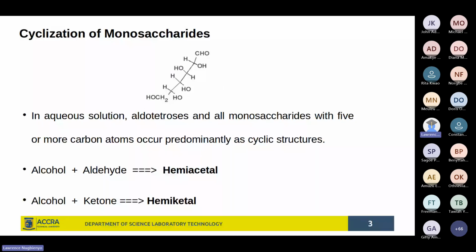And in the biological system, if you take our bodies, the internal environment is aqueous. And so you will not have these monosaccharides existing as straight structures, as we have seen from the beginning. But these will be existing in the ring structural forms.